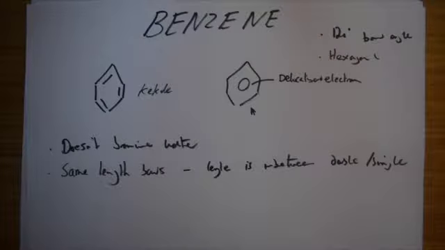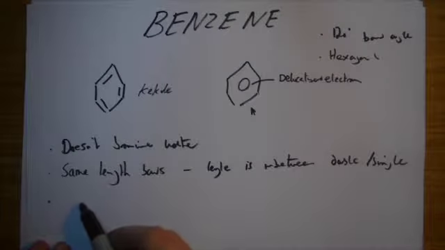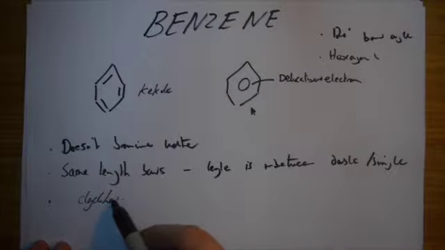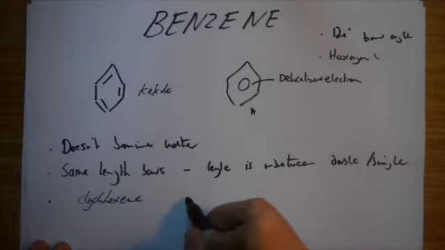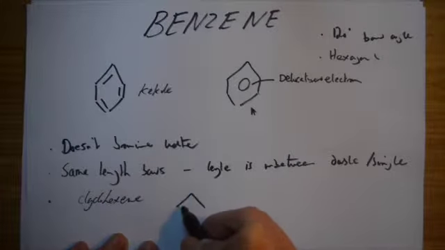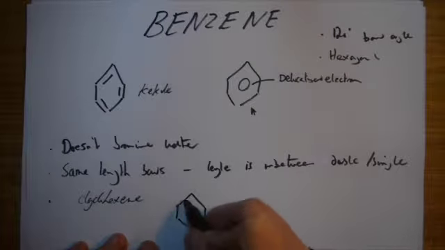The next point is to do with hydrogenation. If we think for a minute about cyclohexene, which looks like this with one double bond here.